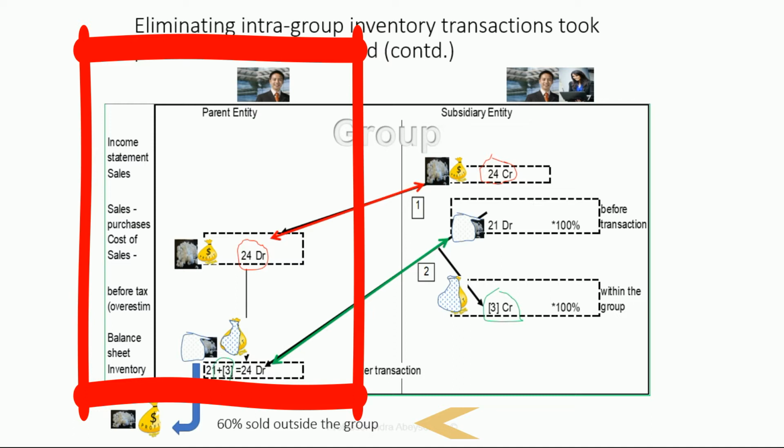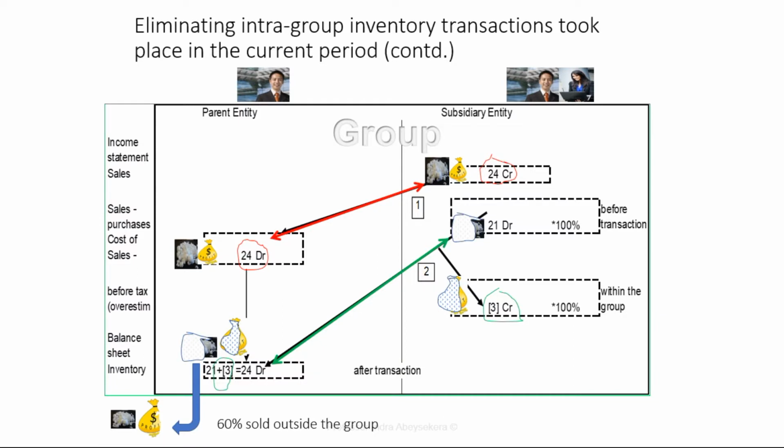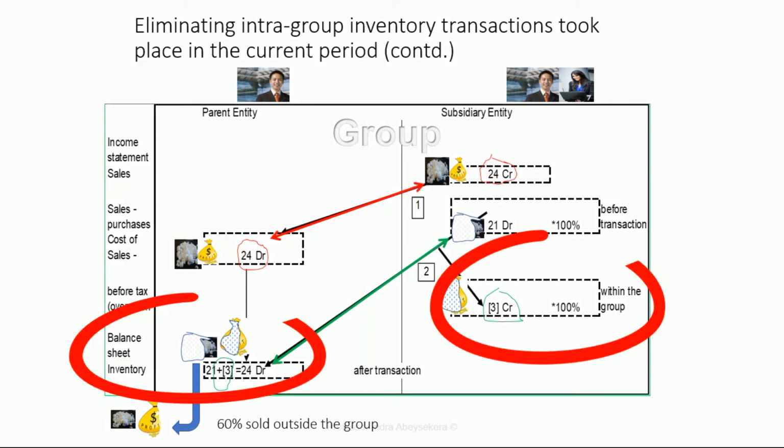So the unrealized gain is now restricted to 40% and the overvaluation is now restricted to 40%. At the end of the financial year, all we see is the unrealized gain of the subsidiary that is included in its profit and the inventory of the parent entity on the balance sheet, which also includes the unrealized profit.